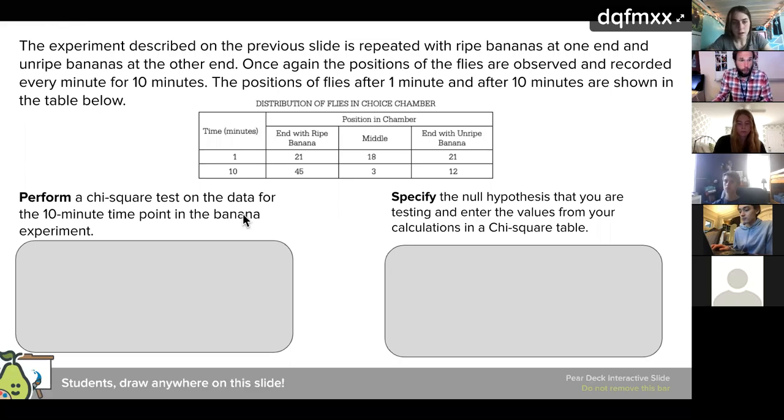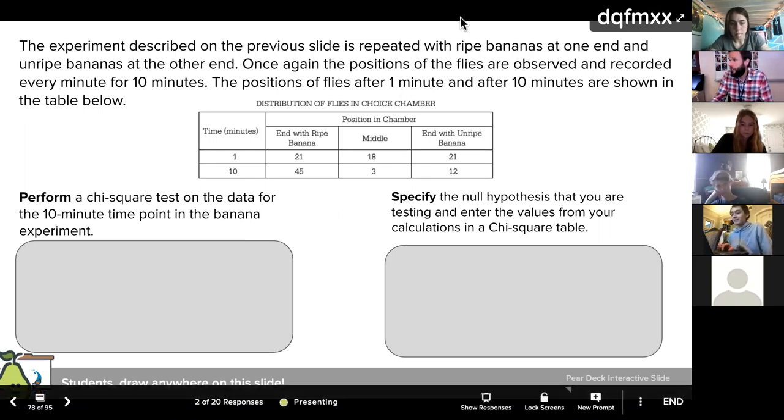So we need to perform a chi-square test. To do a chi-square test, we're actually going to build a chi-square table. That table is not complex to set up.